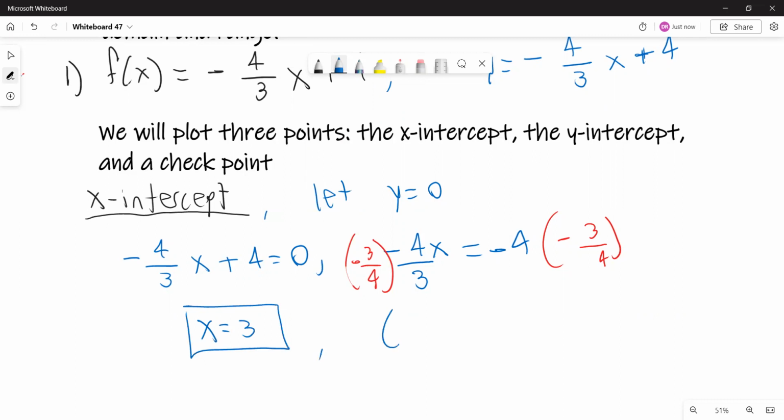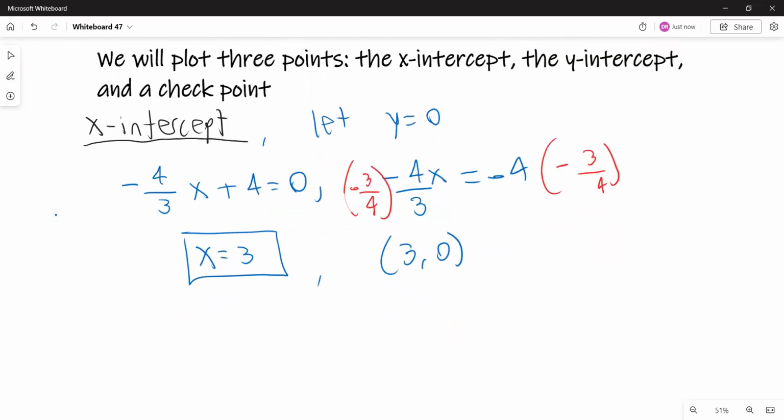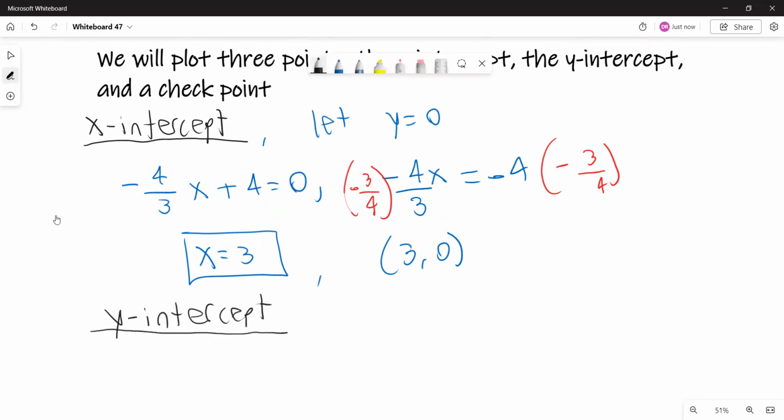Okay, so we know the x-intercept is 3, 0. Let's find out the y-intercept. The y-intercept occurs when x is equal to 0.